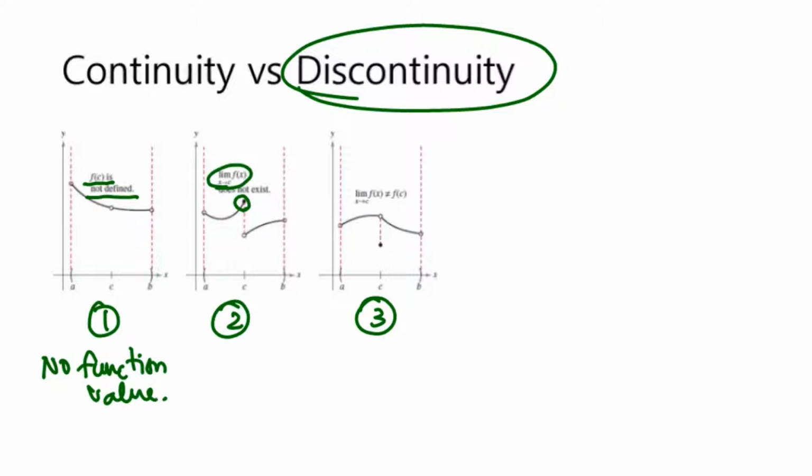So no limit value, so we say that it has the discontinuity. Number three, it has the function value, it has the limit value, but when they are different, we say that it has the discontinuity. So when the function value is not equal to the limit value, we say discontinuity.